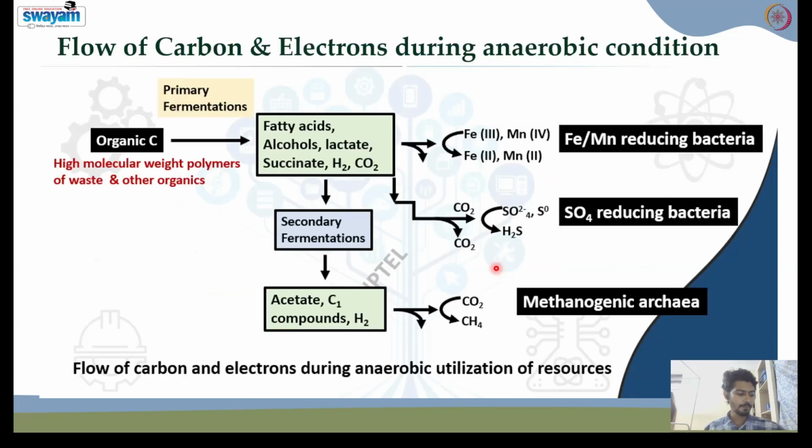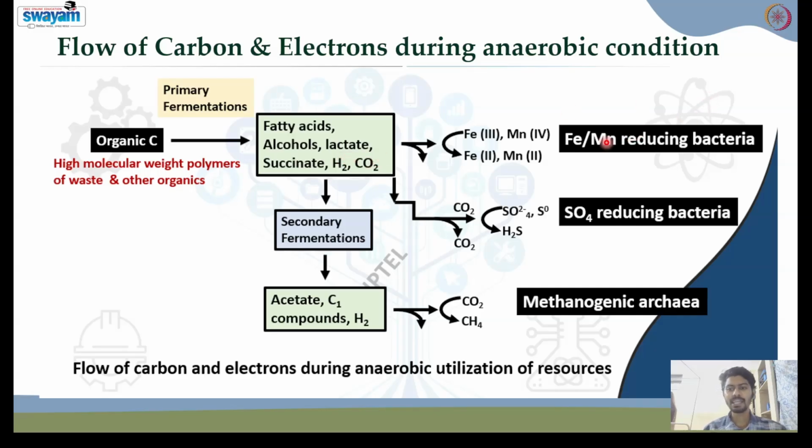So if you see the anaerobic condition, first the organic compound, which is a high molecular weight polymer, if you take any kind of waste, first it will undergo primary fermentation where we will be getting fatty acids, alcohols, lactate, H2 and CO2.